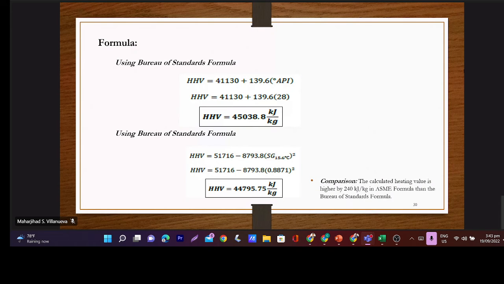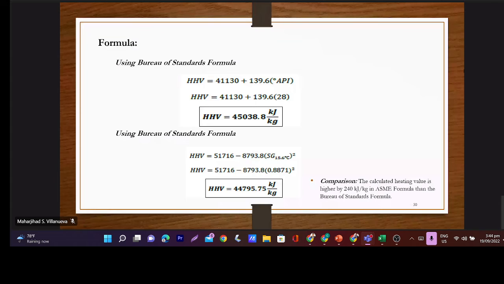Bale, isa-substitute lang po natin siya. Ito pong una, using ASME formula po. Heating value is equals to 41,130 plus 139.6 times 28. Tapos ito po magiging sagot, heating value is equals to 45,038.8 kilojoule per kilogram. Tapos using Bureau of Standards formula naman po, heating value is equals to 51,716 minus 8,793.8 times 0.8871 squared.